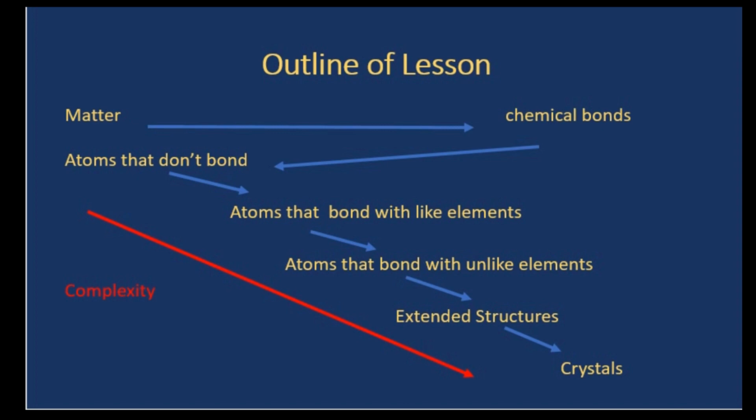Finally, we're going to get to very complex things where atoms bond together in repeating patterns to make up what we call extended structures. Then we'll get to the most complicated, these extended structures that bond to form crystalline structures, or what are crystals. When we find out what makes that crystalline structure, we'll know better what the characteristics of a diamond are, and we'll be able to answer our questions.